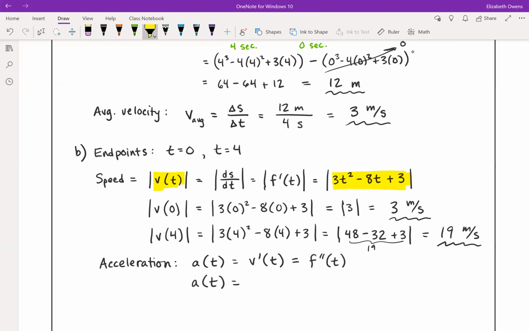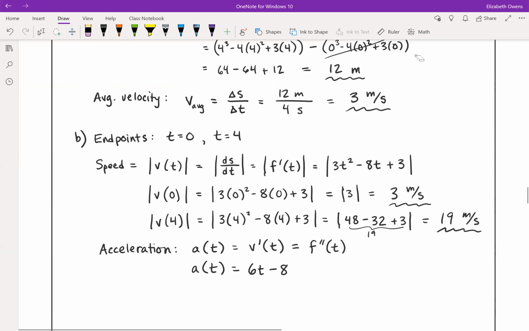That was v of t. So I'm going to use that to take the derivative now for a of t, because that'll give us a second derivative. And again, we can use power rule on this. So that would be 6t minus 8. And then derivative of 3 is 0, so that term disappears. All right, so we're good.